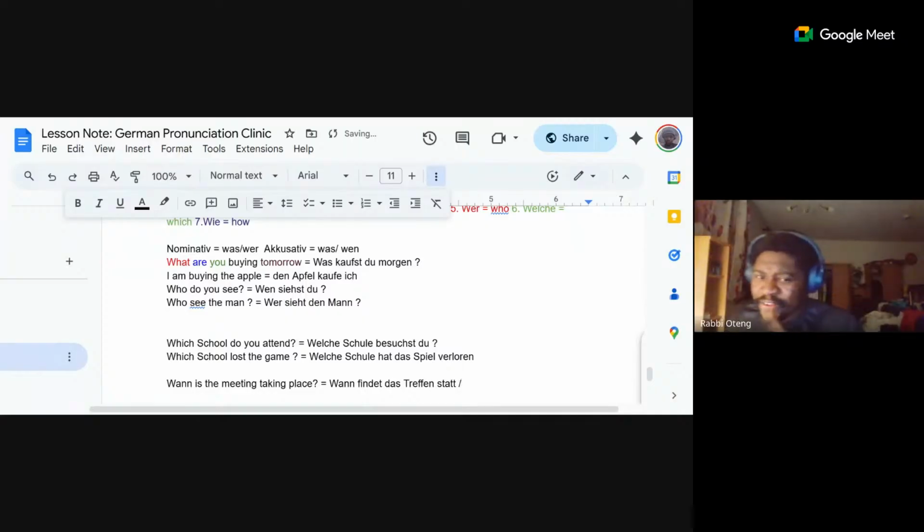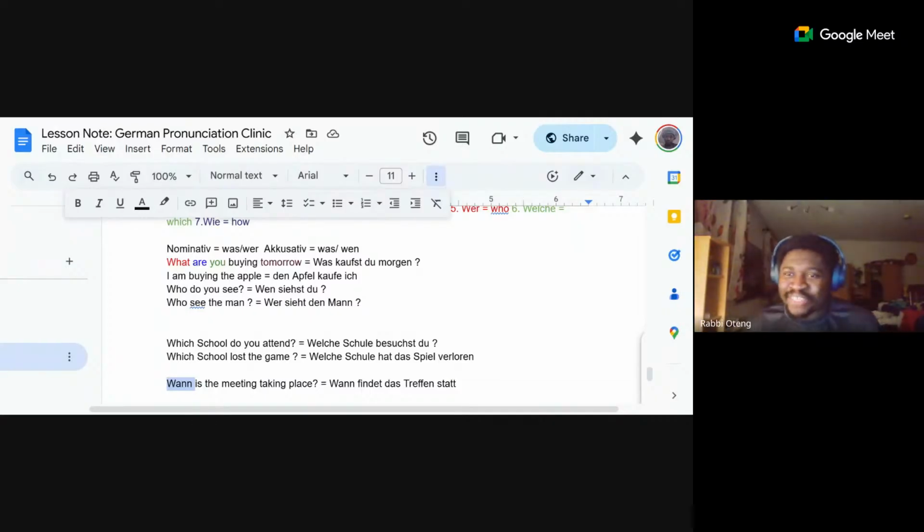Now, even if it's masculine, the Treffen here is the object. Wann, I said wann has no case. The rest, only welche and was, have cases. They follow the nominative, the accusative, and the dative.